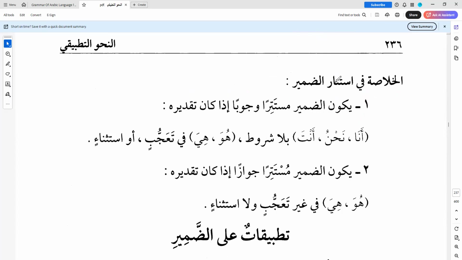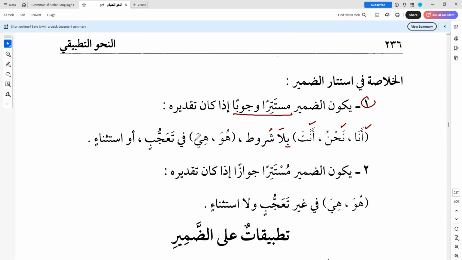Number 1, أن يكون الضمير مستترا وجوبا, right? So we have ضمير مستتر وجوبا إذا كان تقديره, if the estimation of the ضمير is going to be أنا, نحن, أنت, بلا شروط, without any condition, right? There's no condition requirement on it.